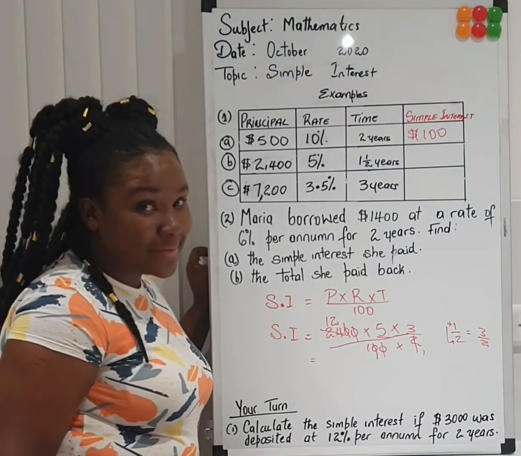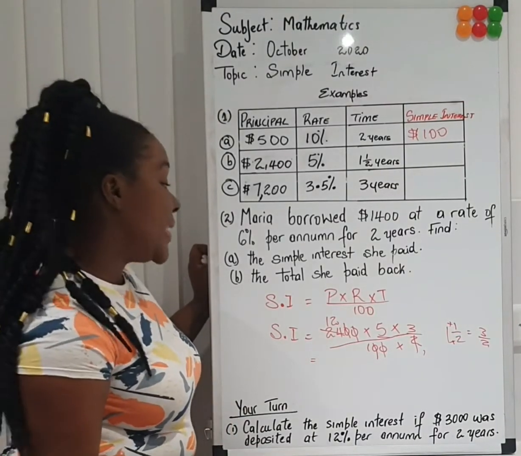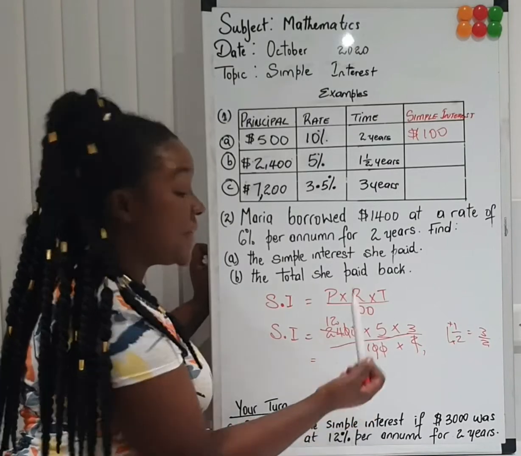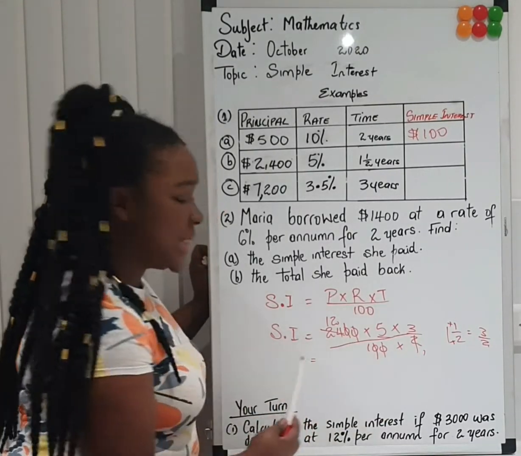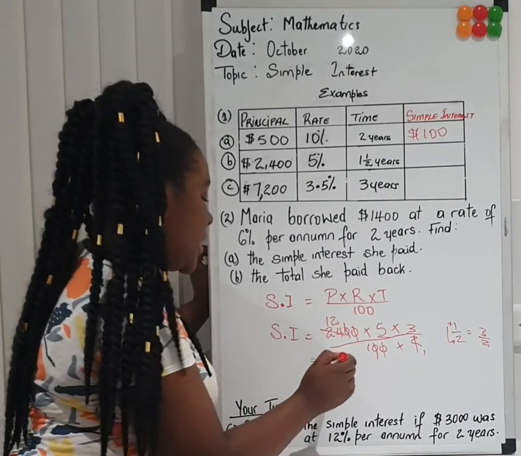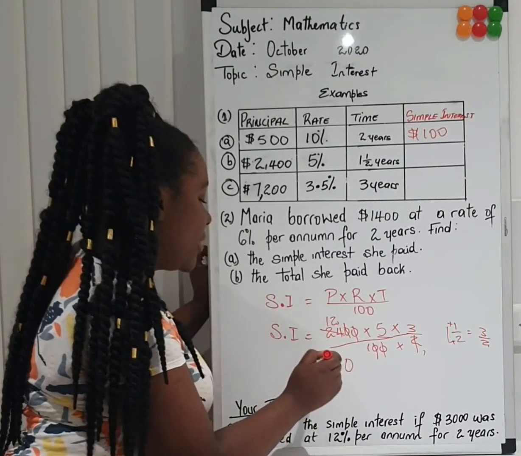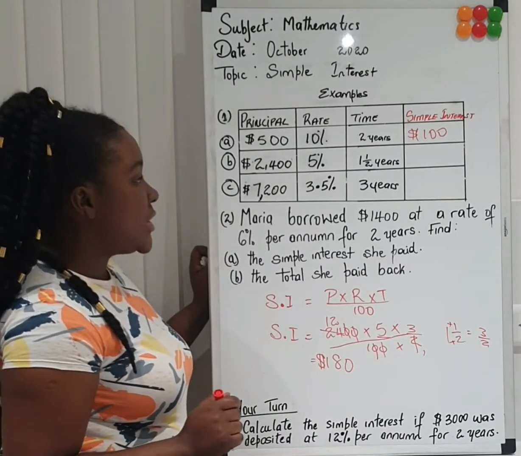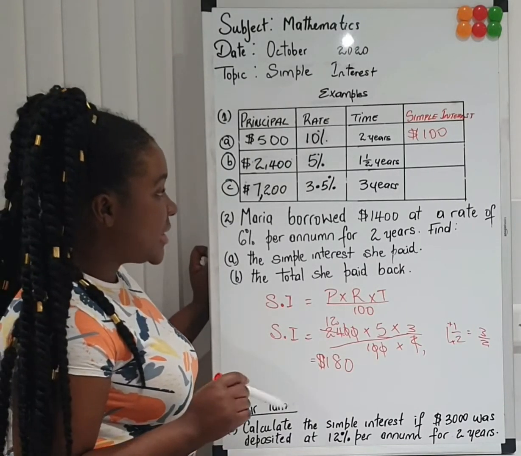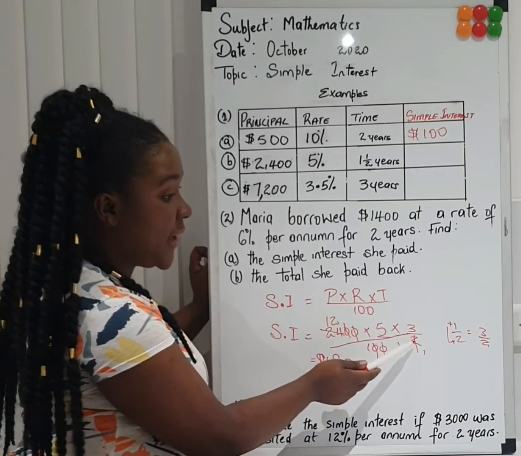Good so far? Sure? Alright, let's continue. So we're going to say 5 times 12, that's 60. And then 3 times 60, that's 180. So our simple interest would be $180. Alright? So the only new thing that we need for this question is that we add this 3 over 2 here.